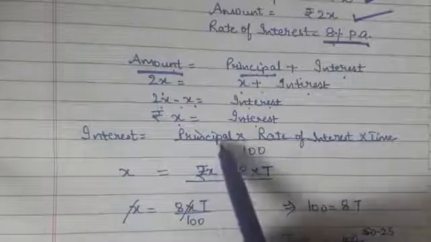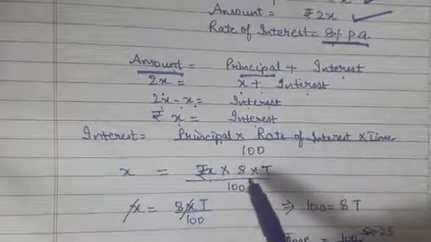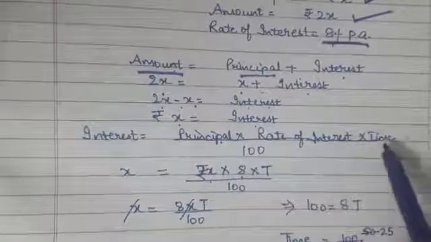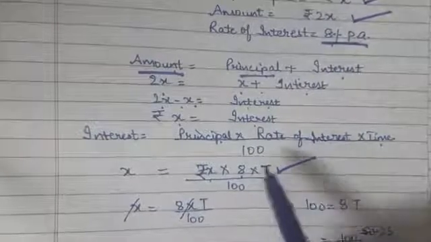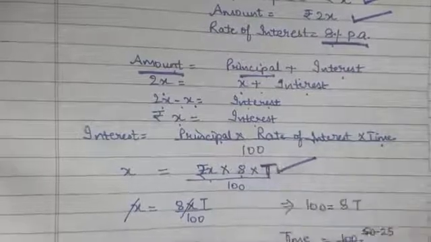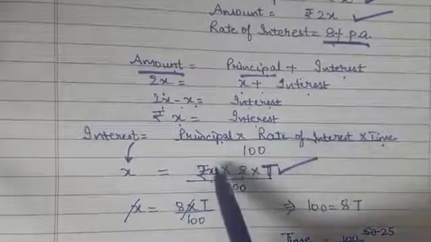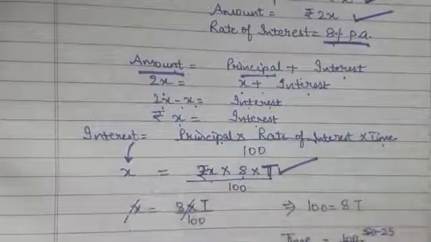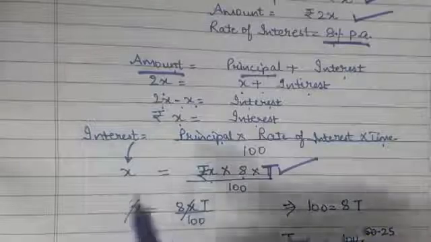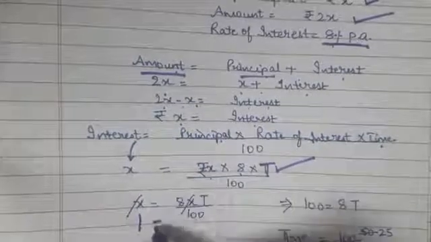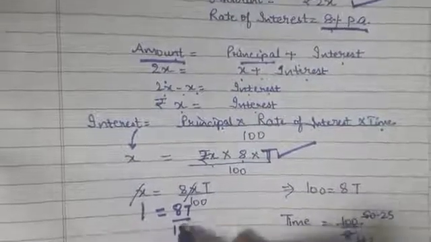So now principal is x, rate of interest is 8, time we have to find out, so I have just written t here, and the interest is x. Now x and x we can cancel here. What is left? 1 is equal to 8t upon 100.